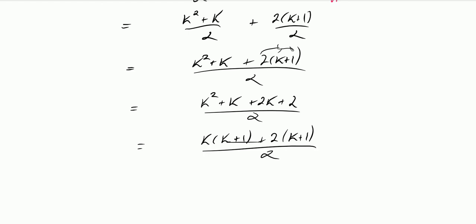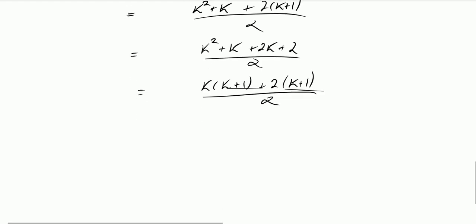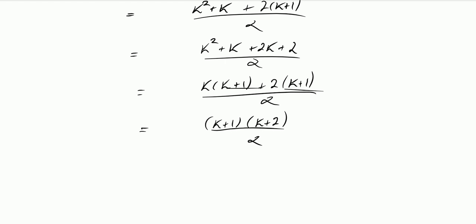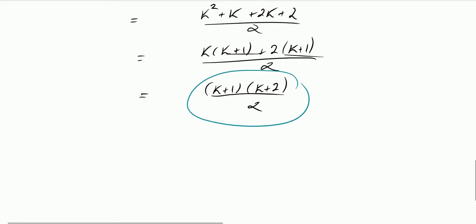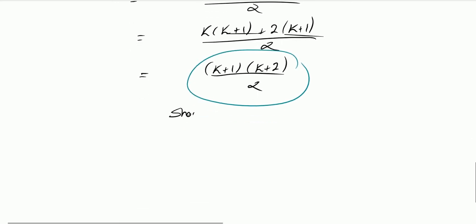And so k plus 1 is common, so you know already that that's equal to k plus 1 times k plus 2 over 2. And look what we have here. It's the right-hand side that I was trying to get to. So I've shown that the left-hand side is equal to the right-hand side.